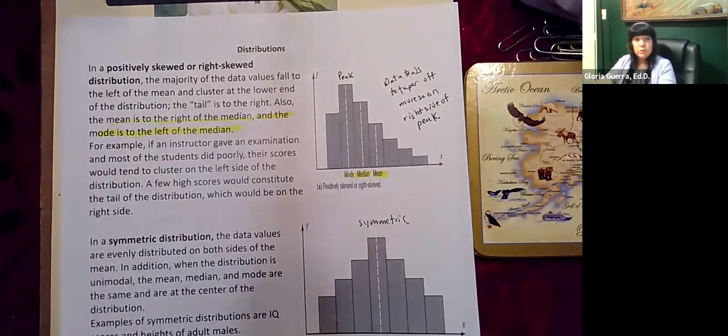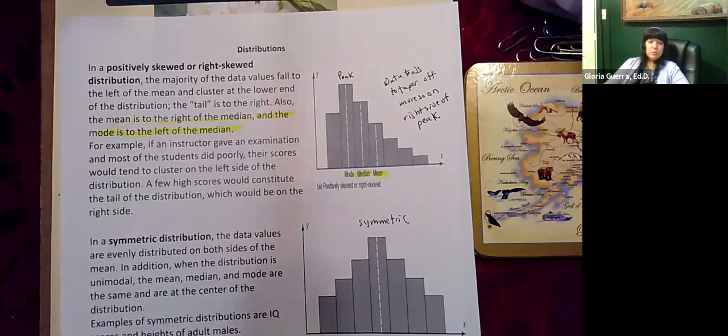For example, if an instructor gave an examination and most of the students did poorly, their scores would tend to cluster on the left side of the distribution. A few high scores would constitute the tail of the distribution, which would be on the right-hand side.